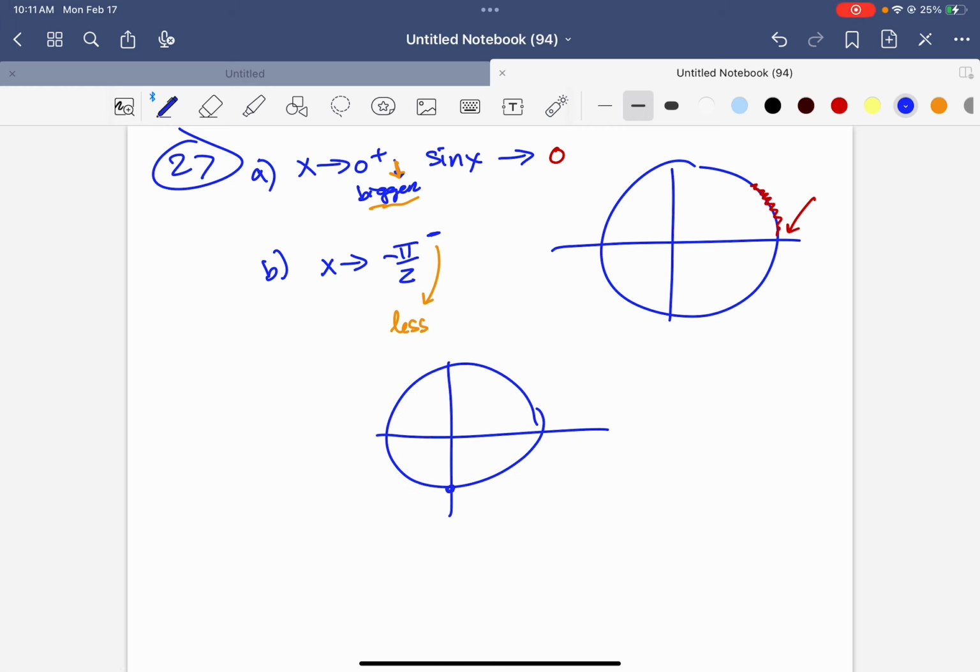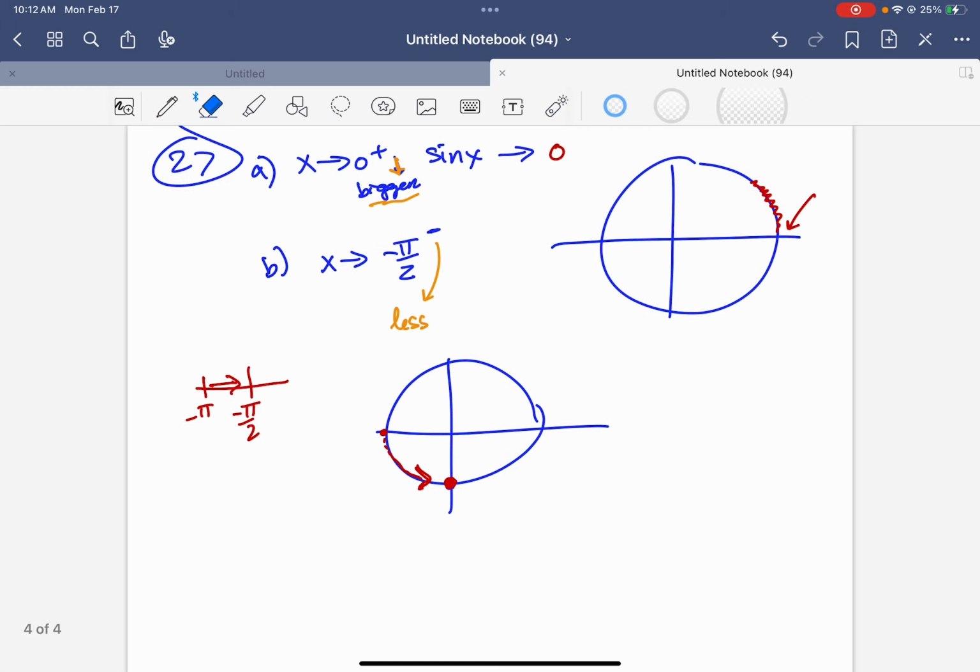Here is negative pi over 2. If I come from less than negative pi over 2 on the number line, it would be like negative pi walking towards it, so I'd be coming this way.